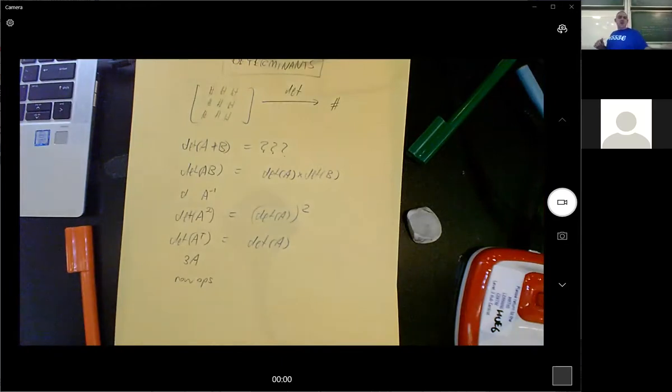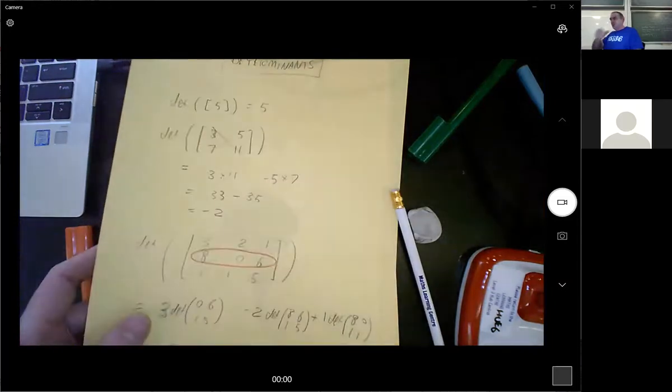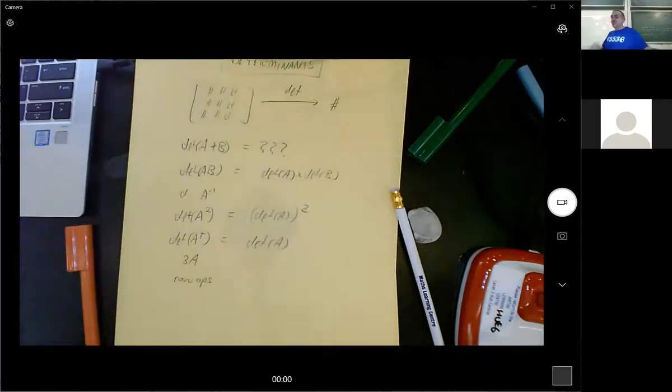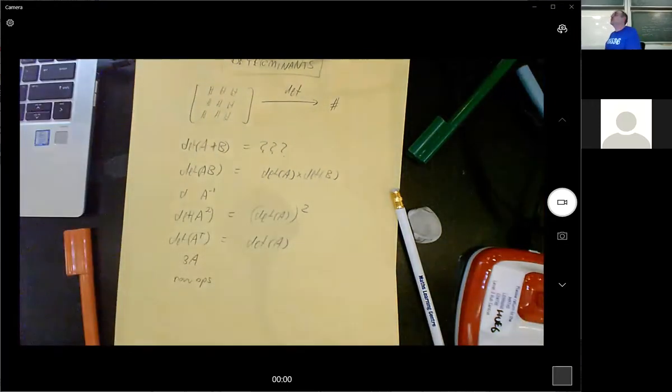Because it doesn't matter whether you do it by rows or columns, switching the rows and the columns isn't going to make a difference. And so this move of transpose is switching the rows to columns. The transpose turns the rows into columns and the columns into rows.